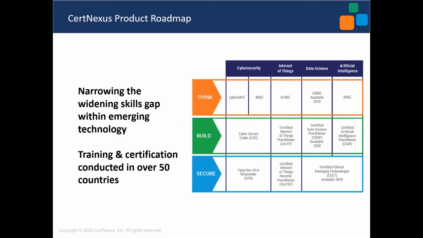And this is our roadmap. And I share this because this gives you an idea. We focus on, as I said, emerging technologies in cybersecurity, IoT, data science, and AI. And we actually have different levels of accreditation. We have ThinkLayer for business professionals and Build and Secure for technical professionals.